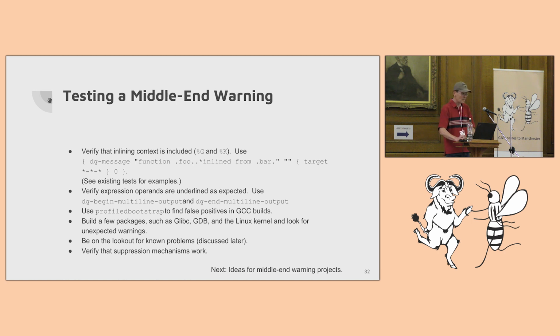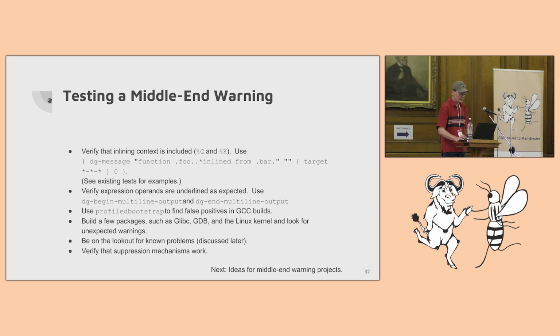Beyond just bootstrapping with GCC and running the test suite, try to build a few packages, at least the foundational packages like glibc, GDB, and the Linux kernel, and look for unexpected warnings when you're introducing a new warning in a completely new area. It does tend to lead to quite a few new instances of the warning, obviously, and you would hope that it would find bugs in the source code, but among those might also be false positives that you will want to look out for.